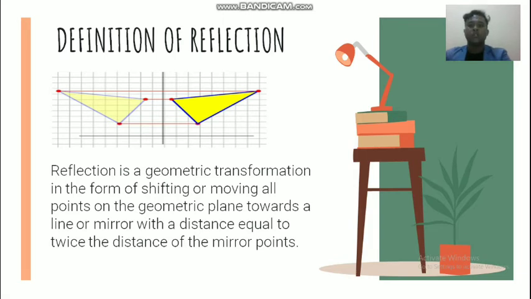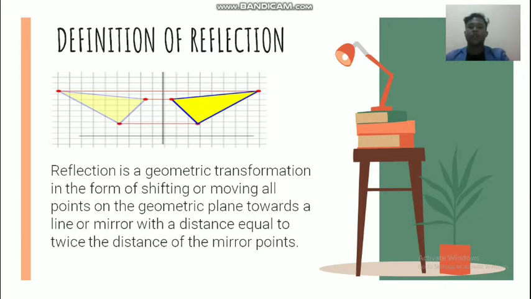The first material is the definition of reflection. Look at the picture. This picture is a reflection of a triangle in the Cartesian coordinates. You must have looked in a mirror.